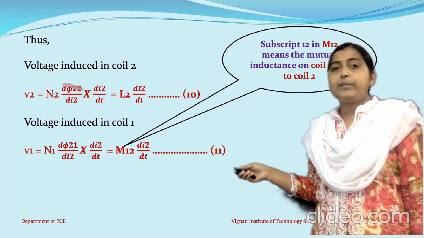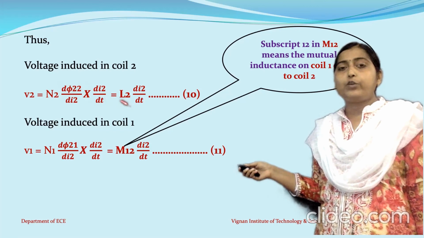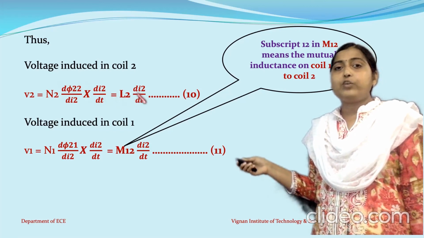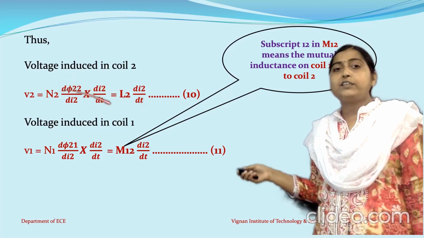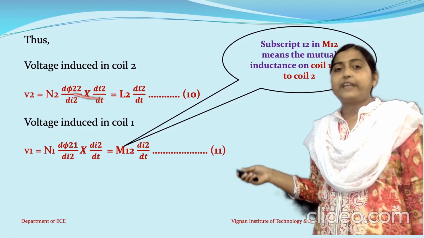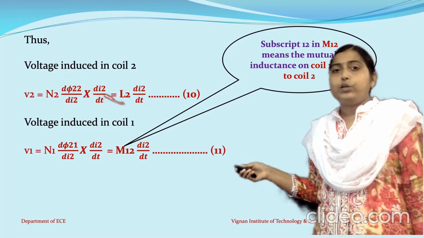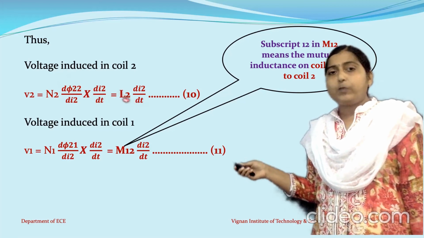If I replace this according to the definition of self-inductance, I get the expression L2 multiplied with di2 by dt. In this expression, all the values are with respect to the second coil. Therefore, I am replacing that with L2, the self-inductance of the second coil.